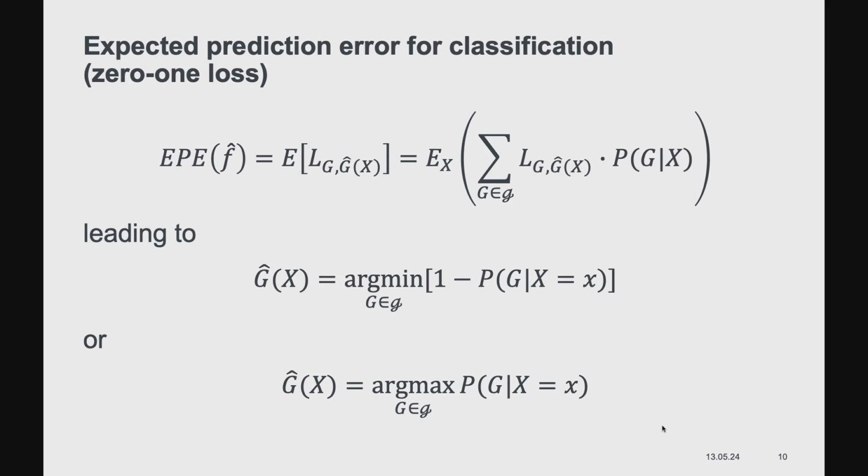It's the expected value over the different places of this loss matrix. So I go through all the positions and look at how probable it is that I get an object and I classify it in some way.